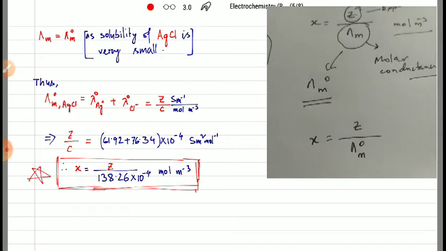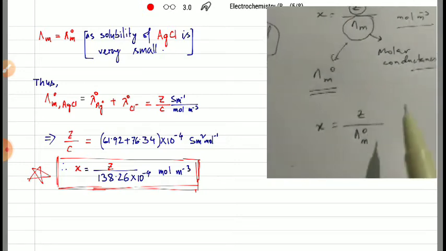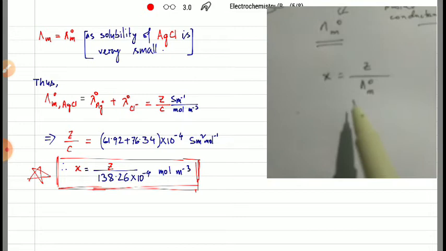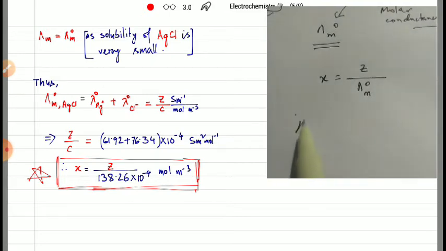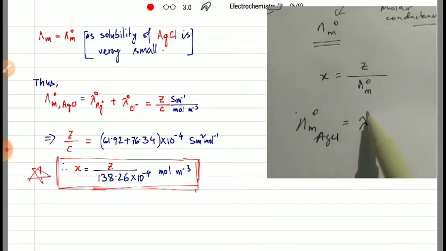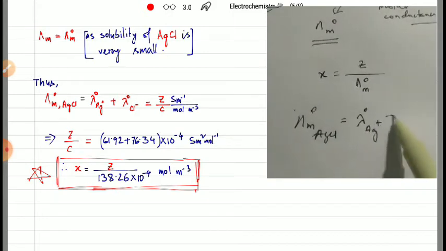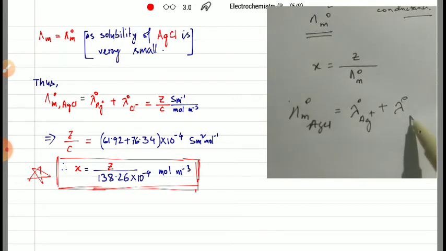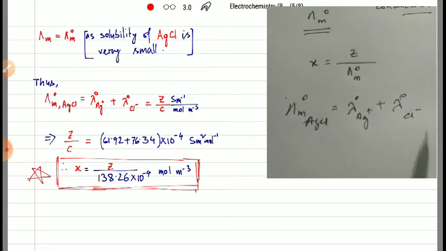Again, by using Kohlrausch's law, we can calculate lambda m for silver chloride. This is equal to the silver plus lambda naught plus the chloride lambda naught.